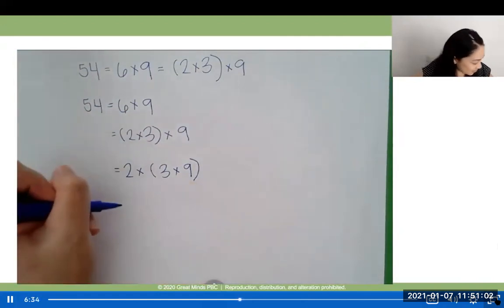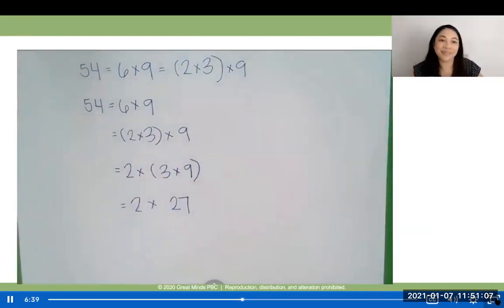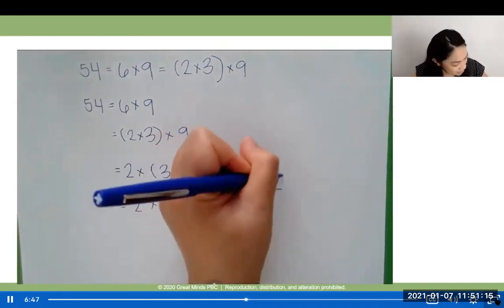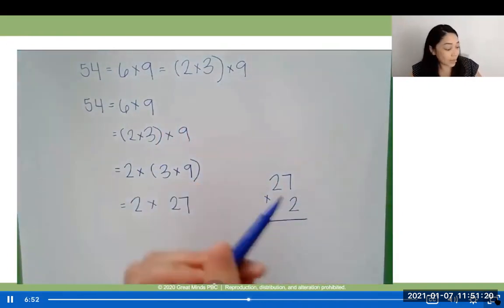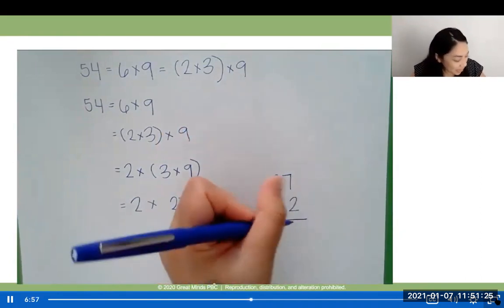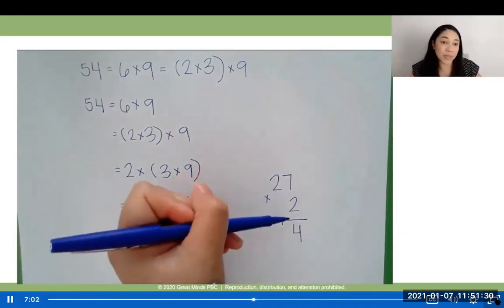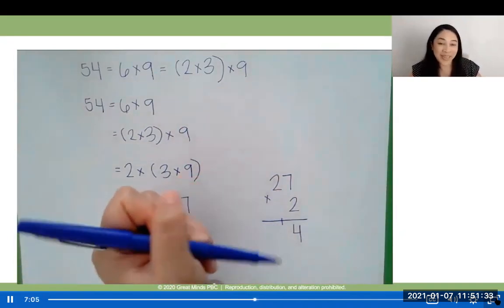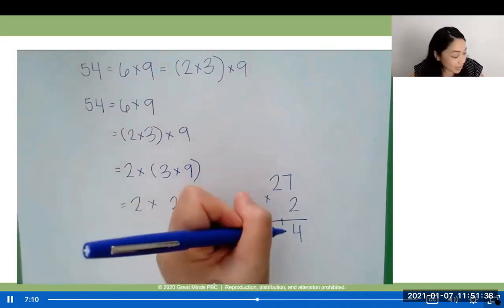27. We're now going to figure out the product of 27 times 2. 7 ones times 2, 14 ones. 2 tens times 2 plus 1 more 10 equals 5 tens.